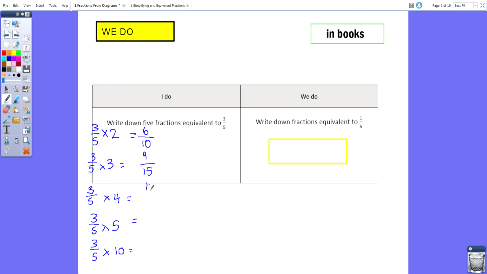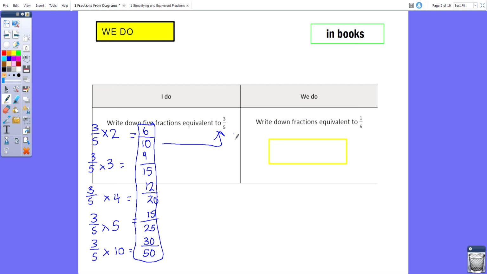So 3 times 4 is 12, 5 times 4 is 20, 3 times 5 is 15, 5 times 5 is 25, and finally 3 times 10 is 30, 5 times 10 is 50. So all of these fractions here represent the same amount as 3/5. So these are all equivalent fractions to 3/5.